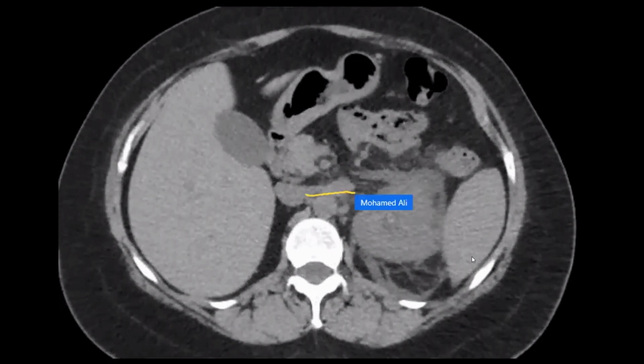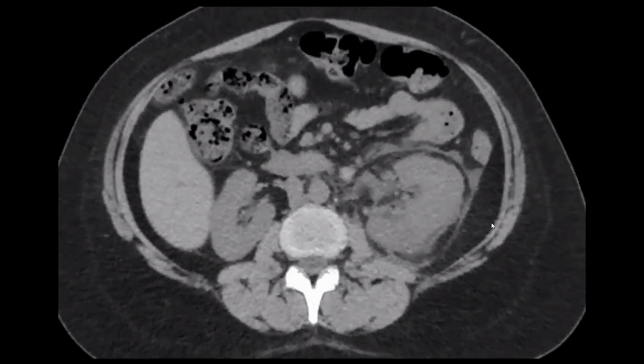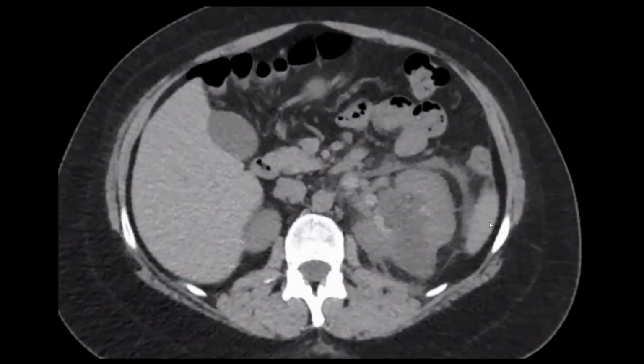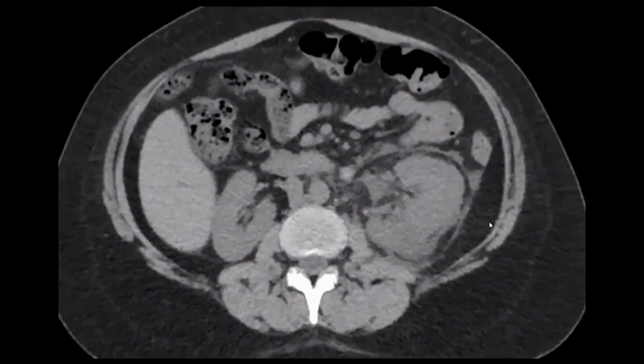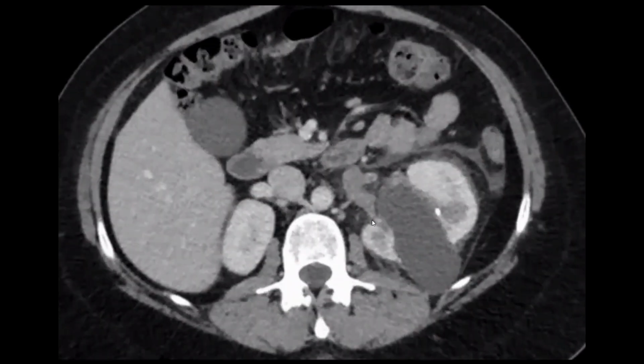This is the left renal vein. We have a hyperdense structure, most likely the left gonadal vein, draining into the left renal vein. It's hyperdense and suggestive of renal vein thrombosis and gonadal vein thrombosis.